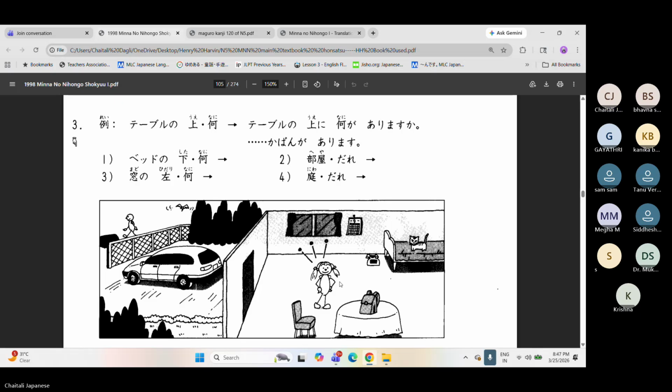Third, mado no hidari ni nani ga arimasu ka? Hidari means left. So what is on the left of the window?